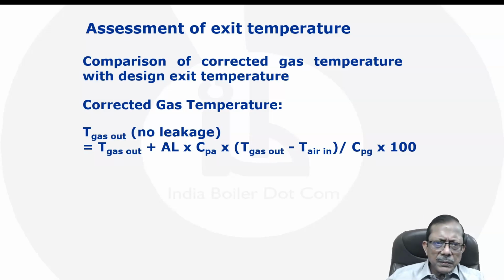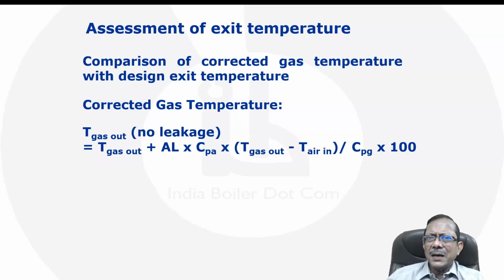Now there is a calculation by which we can calculate the corrected gas temperature. You can put it in an Excel sheet, so that anytime you can put in the necessary data. Here, Tg out is basically the APH outlet gas temperature.